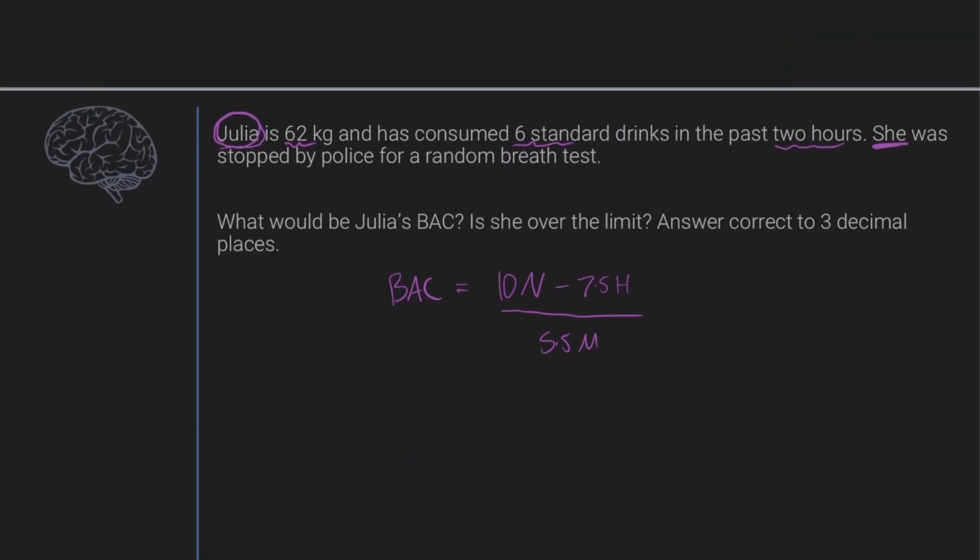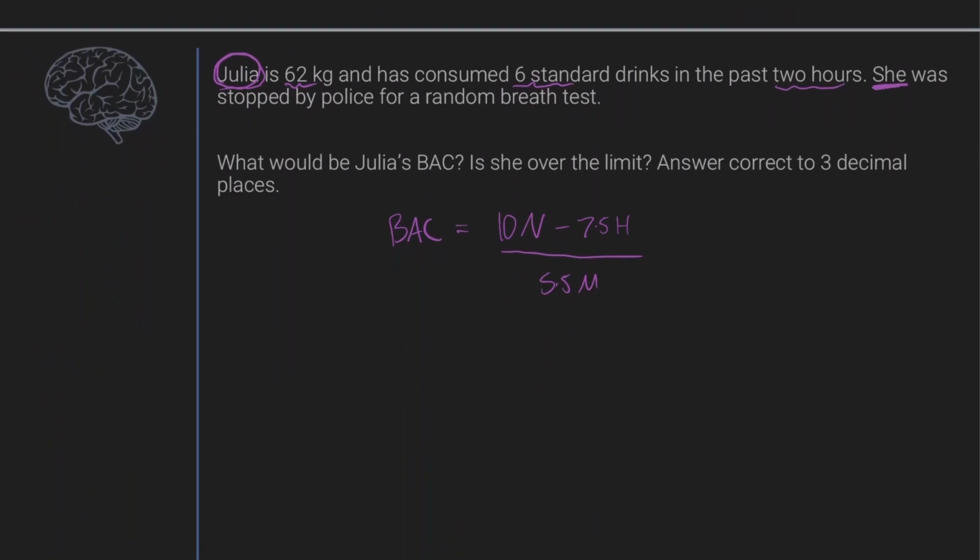I want this to be our standard practice when we answer these questions, that the first thing we're going to do is make sure we're grabbing the right version of the formula and writing it down. And then I'm just going to go along and plug in all the values from the question. 10 times 6 standard drinks minus 7.5 times 2 hours divided by 5.5 times 62.